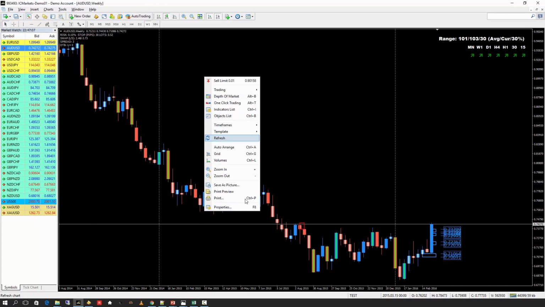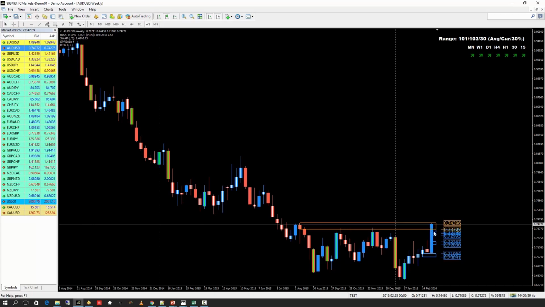And if you're going to buy here, you would be buying into weekly supply, which is not a really good idea. Not until price moves through this area of supply, and that tells us that price is very likely to continue higher up to some of these other areas up here.